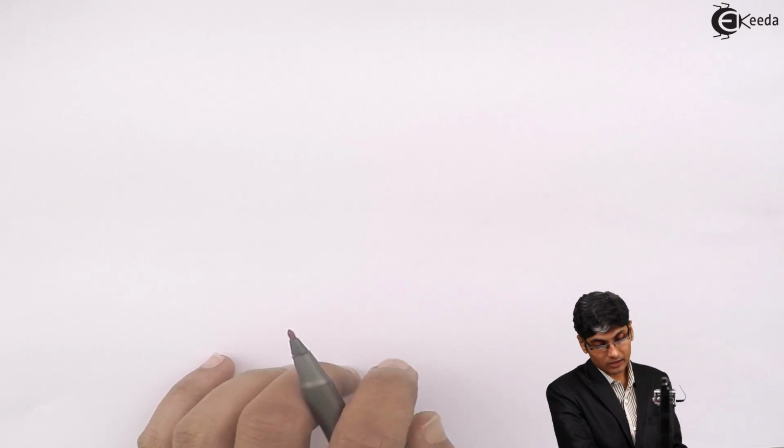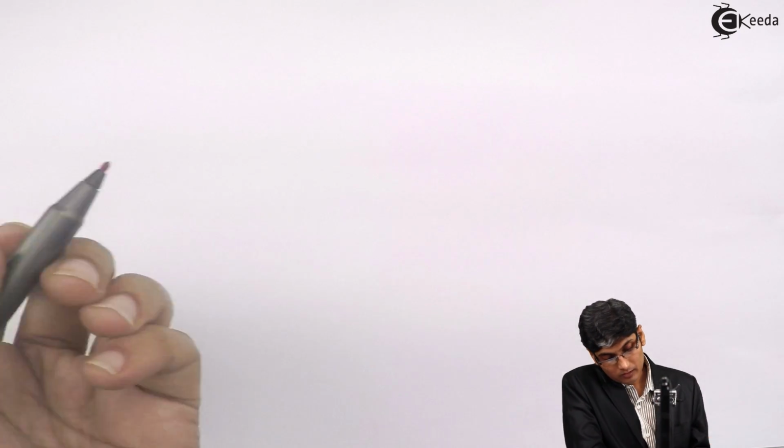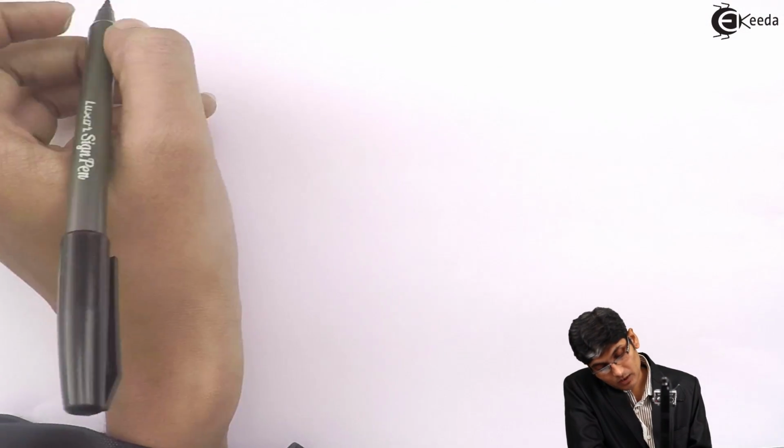Now with this, we are ready to go ahead and write the window function. So let us write the window function. The window function states that we are going to use a Hanning window.